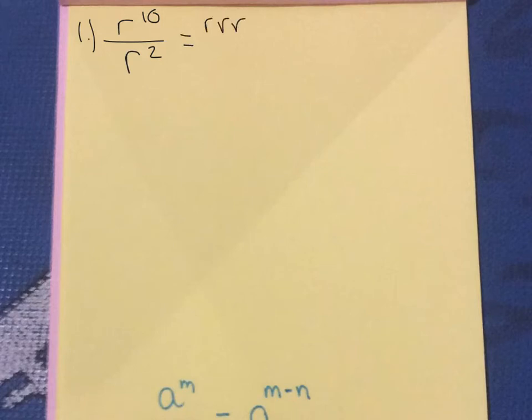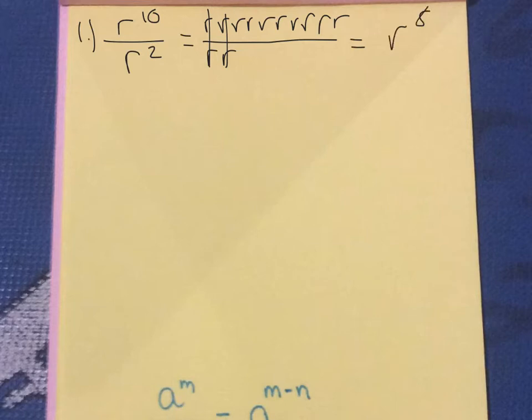R, 2, 3, 4, 5, 6, 7, 8, 9, 10 over 2 of them. Boom, cross those out, and I'm left with 8 r's. R to the 8th.